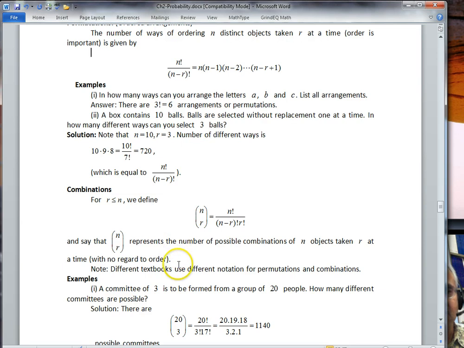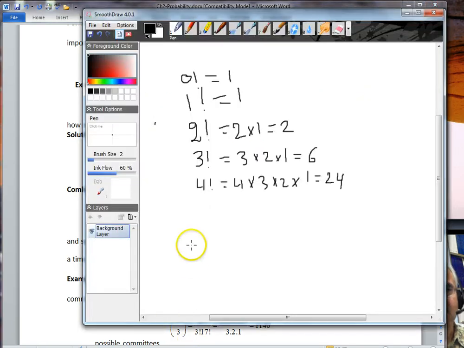I just want to give you a little bit about how different textbooks use different notation. For combinations, some books use nCr or nk, some books use C(n, r), some books use n and r stacked in parentheses, and different variations.